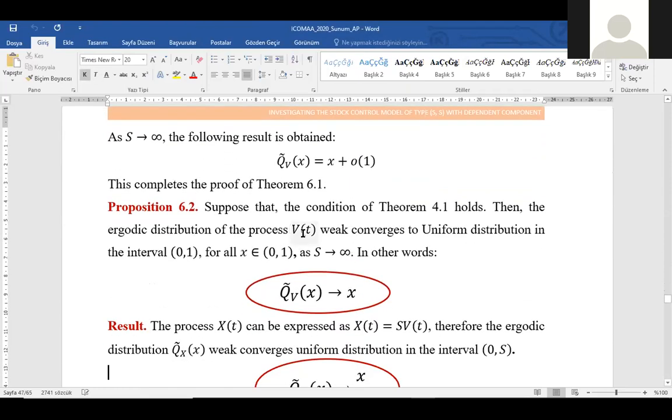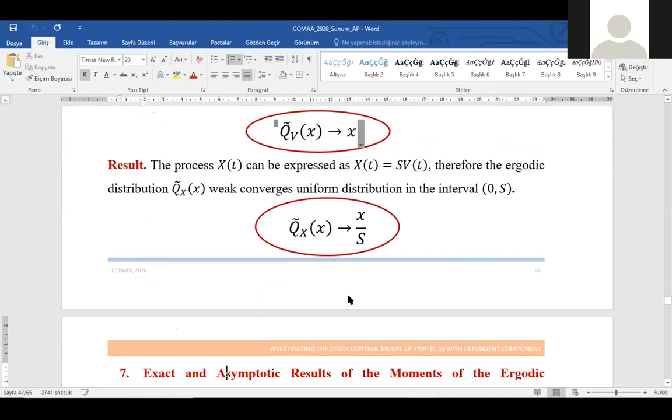With the standardization function VT, the ergodic distribution of the process VT is as follows, weak convergence as follows. By using this result, we can say that the ergodic distribution of our process xt weakly converges to the uniform distribution in this interval.